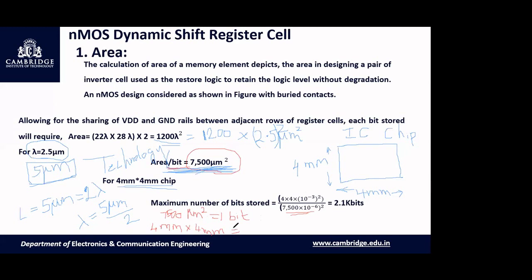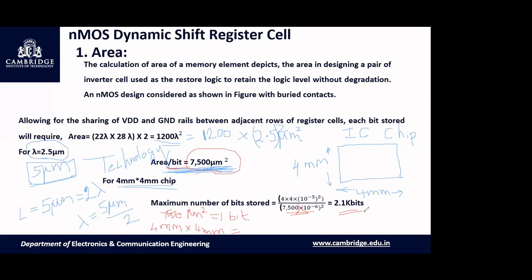Divided by 7,500 micrometer square; micro means 10 to the power of minus 6, whole square. So I'll get 2.1 kilobits of information. You'll get it, no?